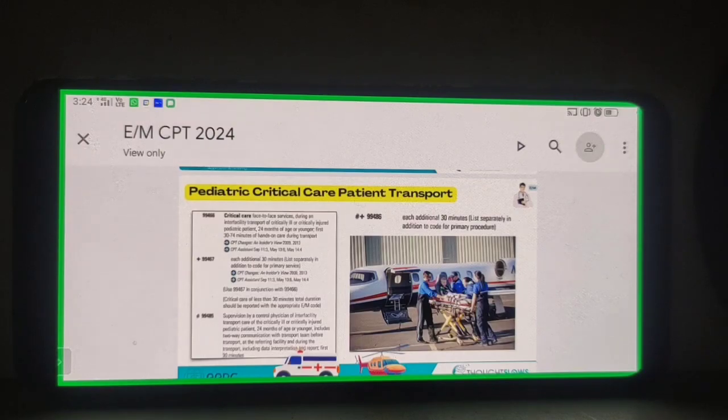So the patient is transferred from one facility to another, from one hospital to another, one state to another, one city to another, whatever it is.